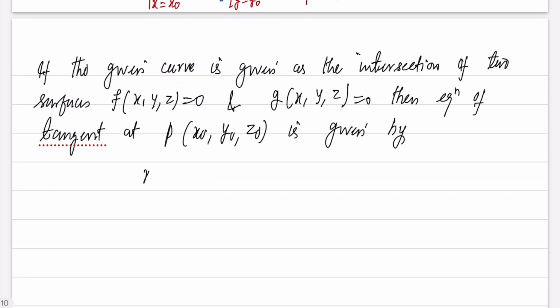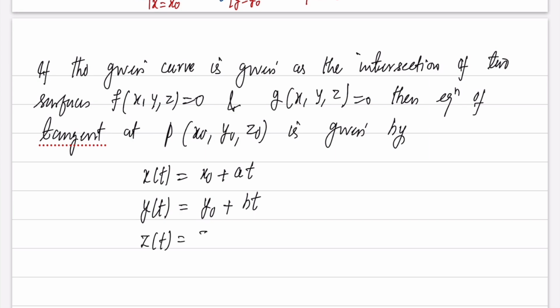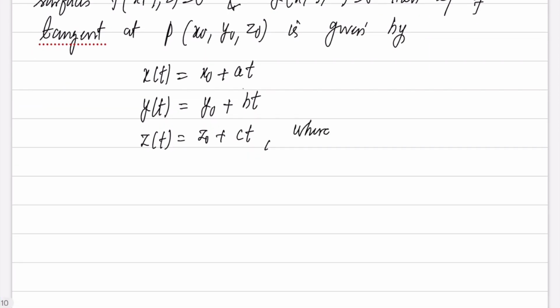It is given in the parametric form with x of t is equal to x naught plus at, y of t is equal to y naught plus bt, z of t is equal to z naught plus ct, where these new variables a, b, c are actually the three coordinates of del f cross del g at the point P.